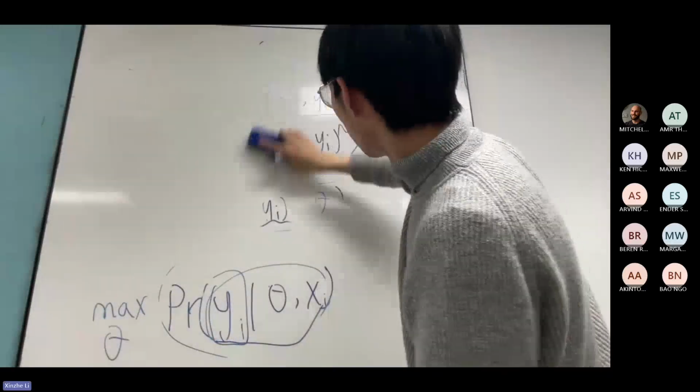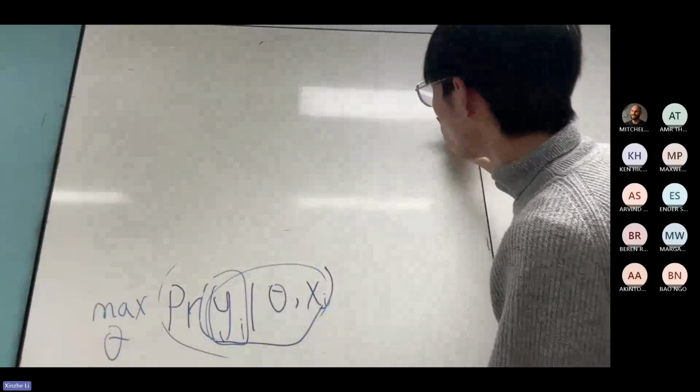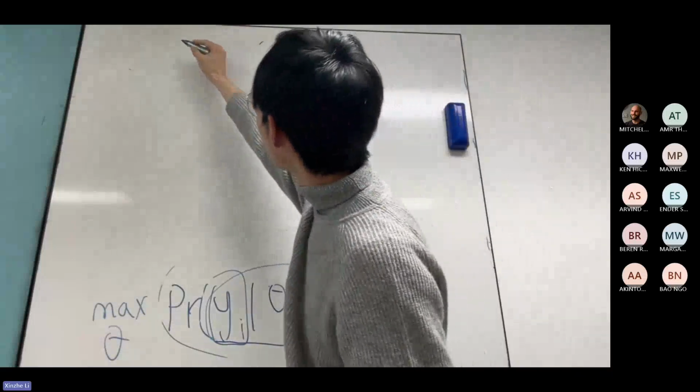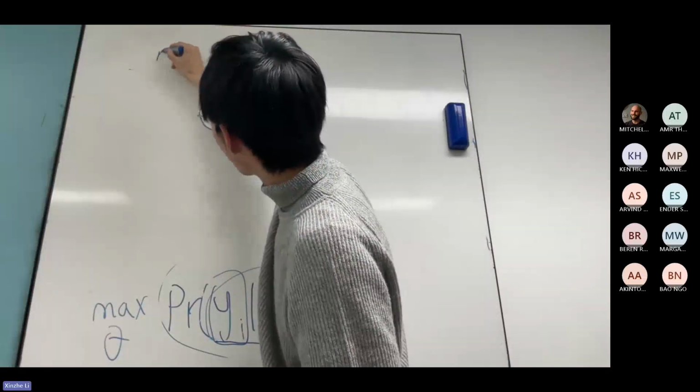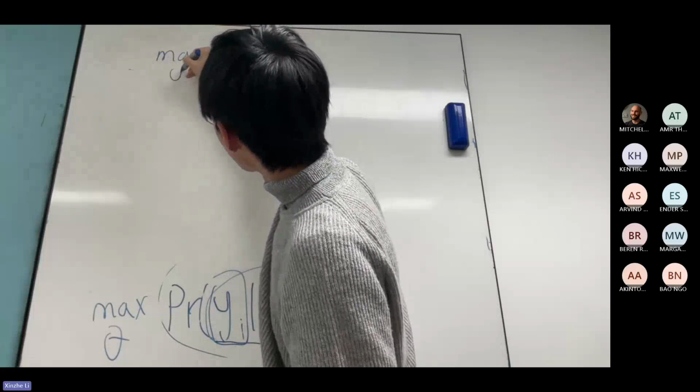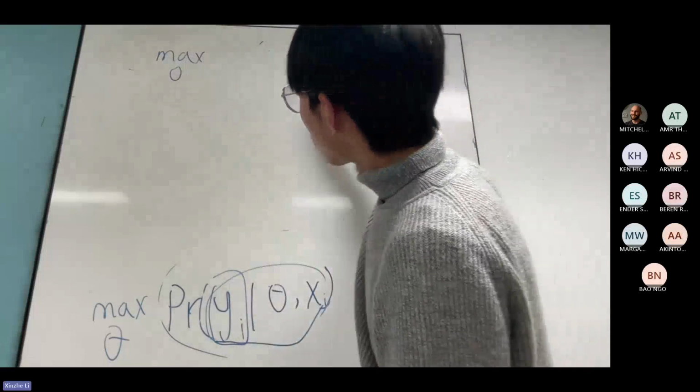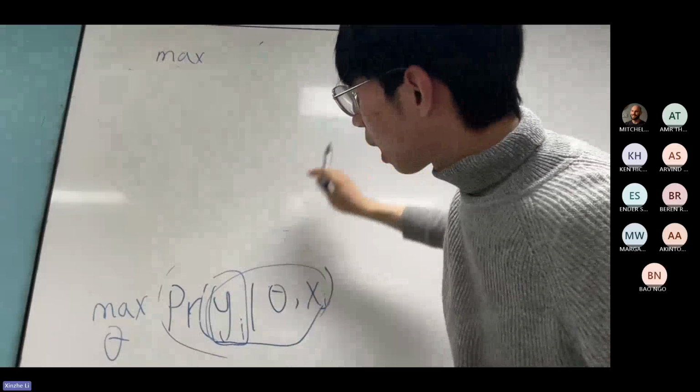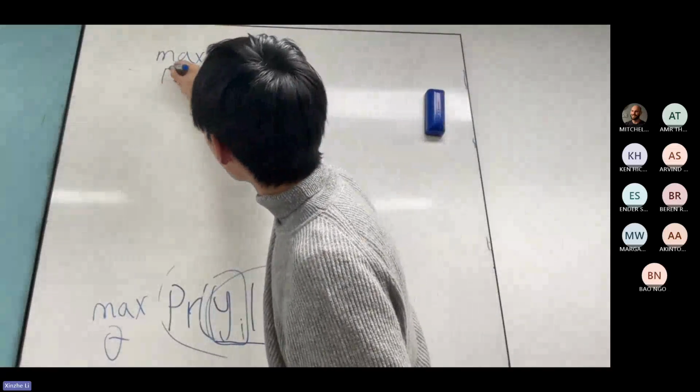Let me reformulate this question because we already solved it from the beginning. Now the question becomes maximize. So now I want to make theta into beta 0 and beta 1.